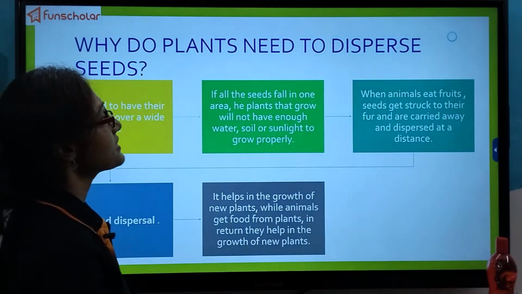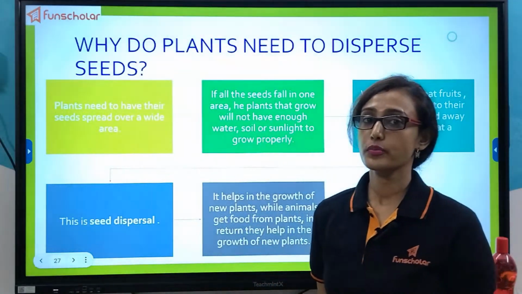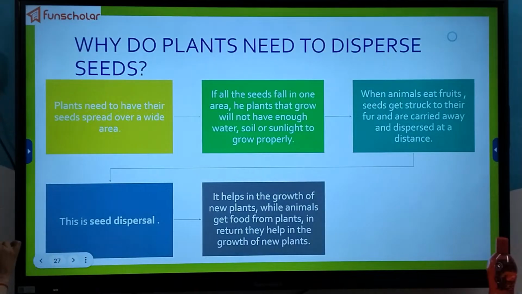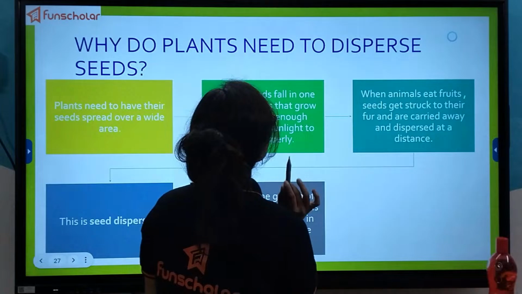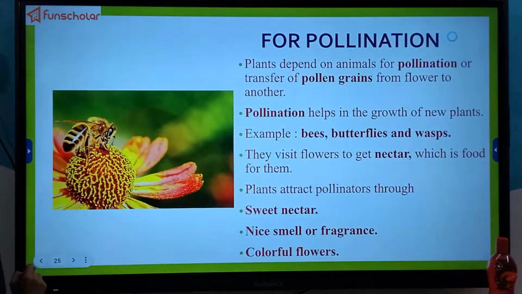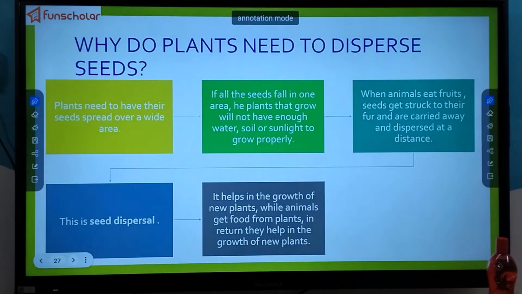So why do plants need to disperse seed? I have told you all the things, we just need to revise. Plants need to have their seed dispersed over a wide area, right? If all the seeds fall in one area, what will happen? There will be competition among the seedlings.